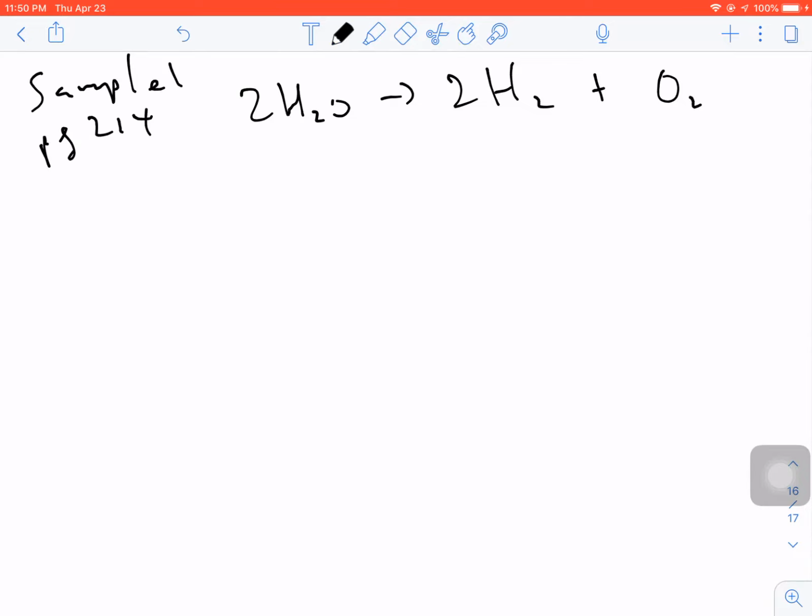Notice the numbers in my balanced equation. I've got 2 H2Os making 2 H2s and O2 gas. Over here I've got 4 hydrogens, here I've got 4 hydrogens, here I've got 2 oxygens, here I've got 2 oxygens, so it's balanced.